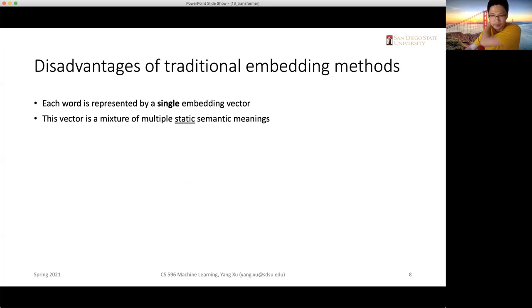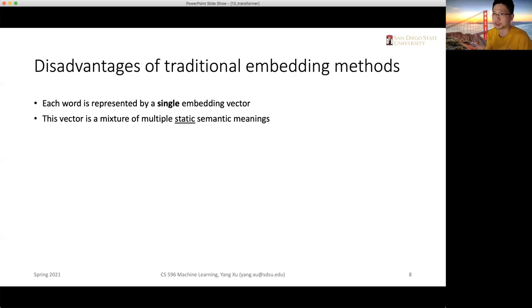I think it's more so in morphologically rich languages. That is a problem that traditional word2vec models don't handle really well.